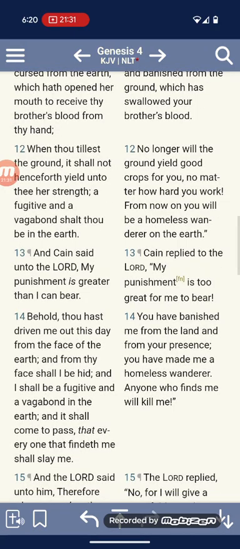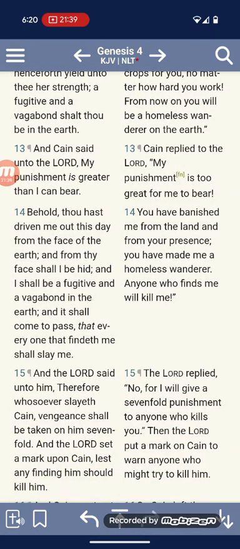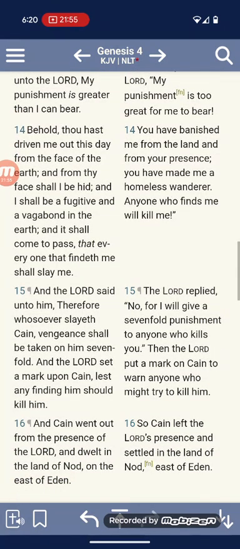And Cain said unto the Lord Yahweh, my punishment is greater than I can bear. Behold, thou hast driven me out this day from the face of the earth, and from thy face shall I be hid, and I shall be a fugitive and a vagabond in the earth. And it shall come to pass that everyone that findeth me shall slay me.